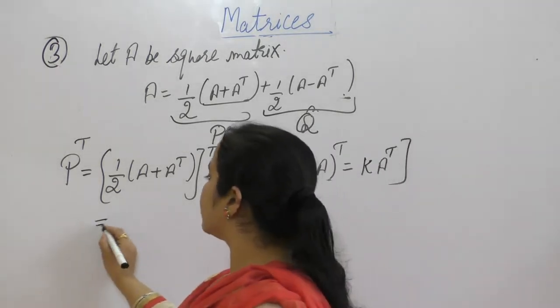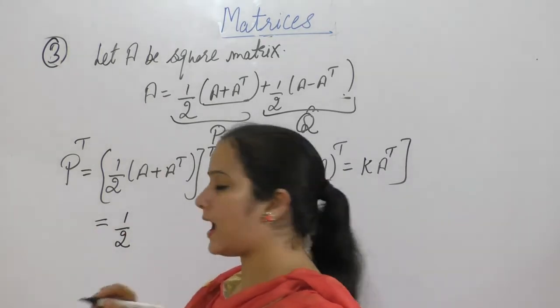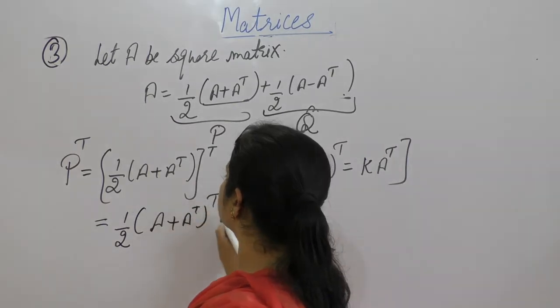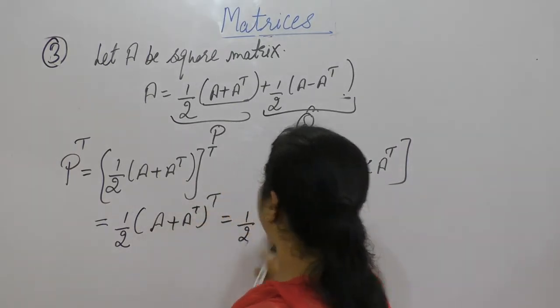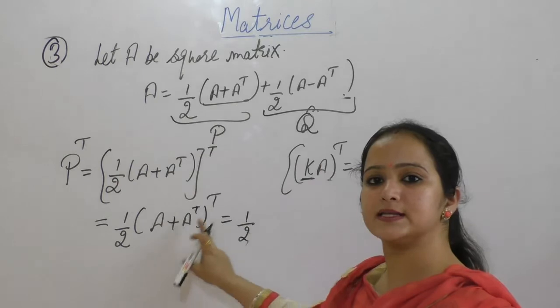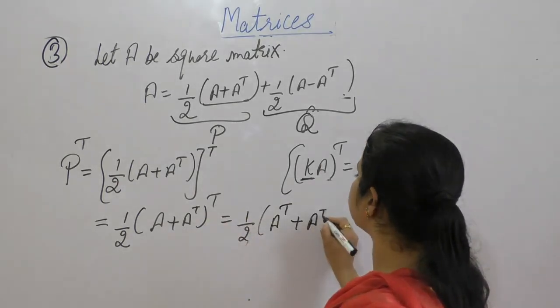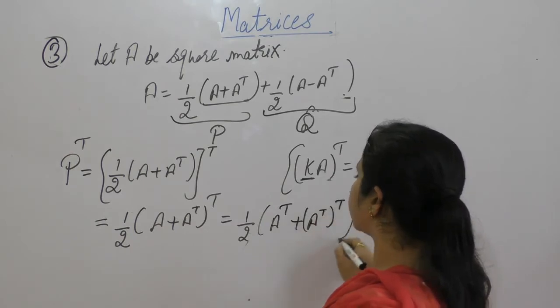So half transpose will remain half, as it is A plus A transpose transpose. Now apply the other property: A plus B transpose is equal to A transpose plus B transpose.